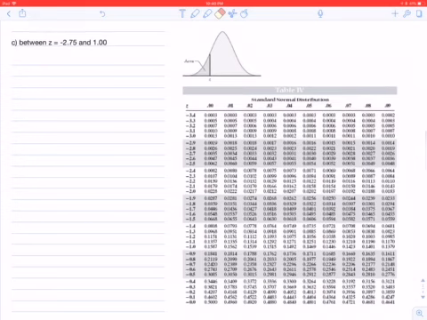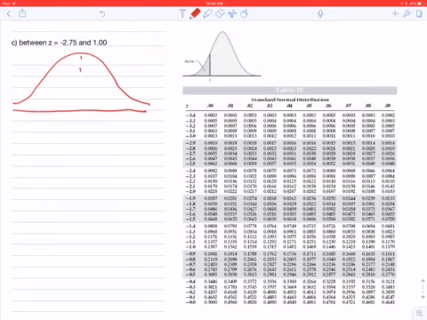Now, if I wanted to find the area under that standard normal curve between two z-scores. Okay, so a z-score of negative 2.75, it's to the left. And 1.00, that's positive, to the right.